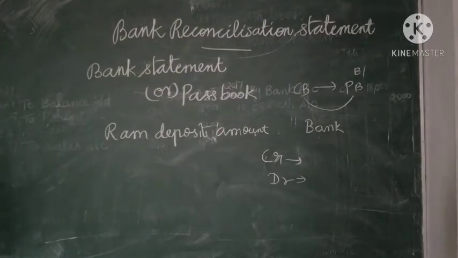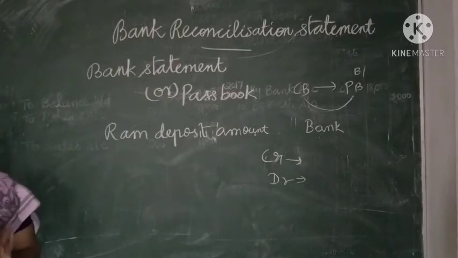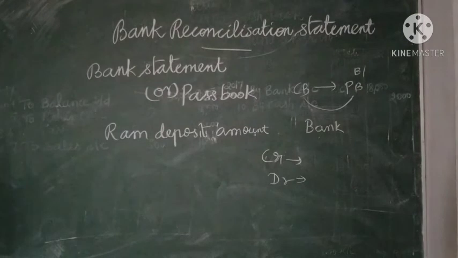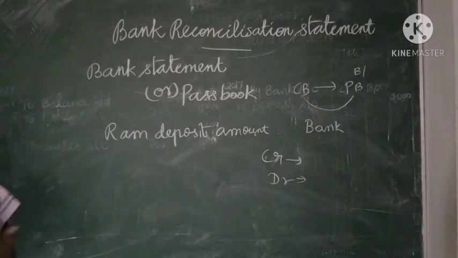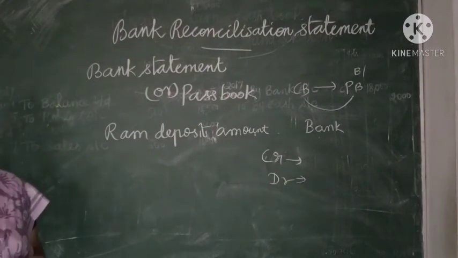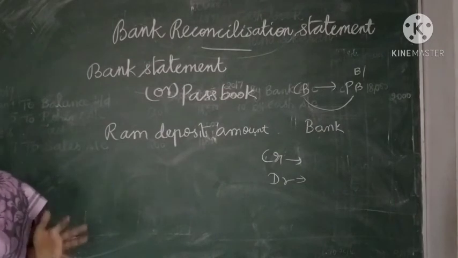Dealing with cash through the bank is always safe. Already I have told you, dealing with cash through the bank is the safer side because that is the evidence for us. Also, it is legally necessary to operate transactions through the bank beyond a certain limit. So that is legal evidence for us. Suppose anybody did not pay the payment, we can show our check.